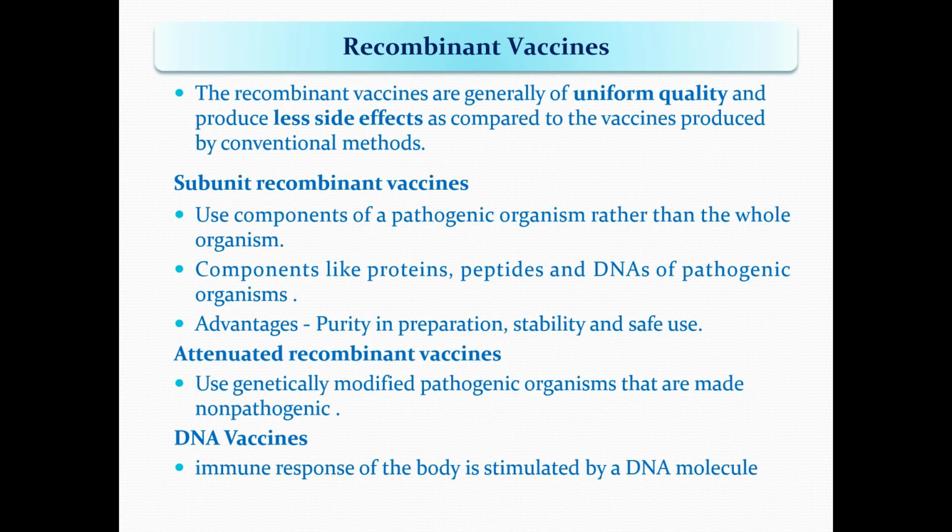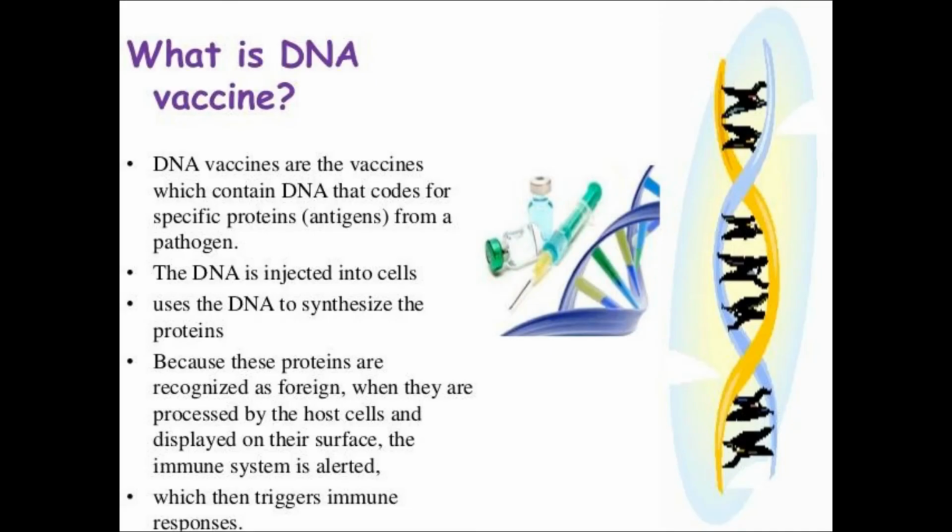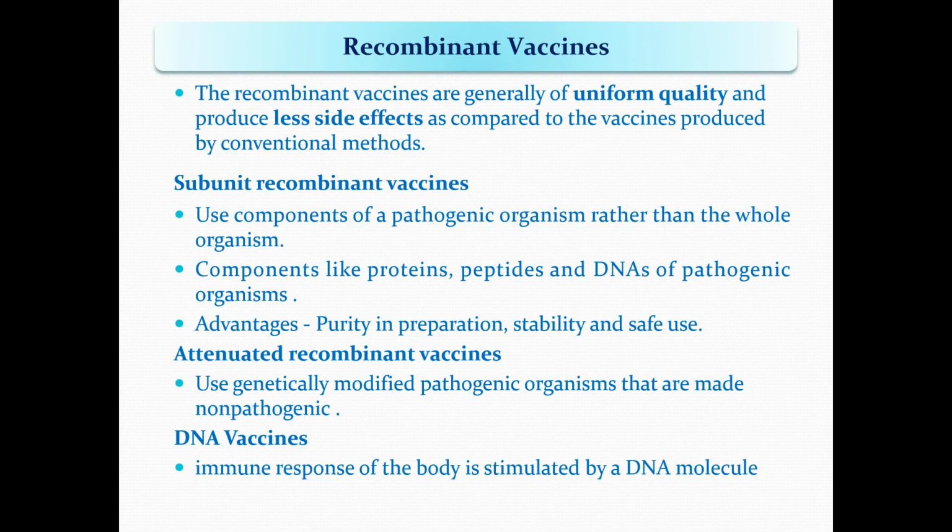Thirdly, we have DNA vaccines. Genetic immunization is made possible by using DNA vaccines, which is a novel approach that came in 1990. Here, the immune response in the body is stimulated by a DNA molecule. A DNA vaccine consists of the genes that encode for an antigenic protein, and this antigenic protein will be presented on the surface of the cell.